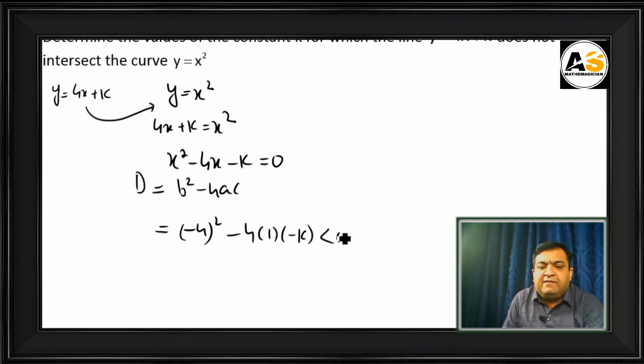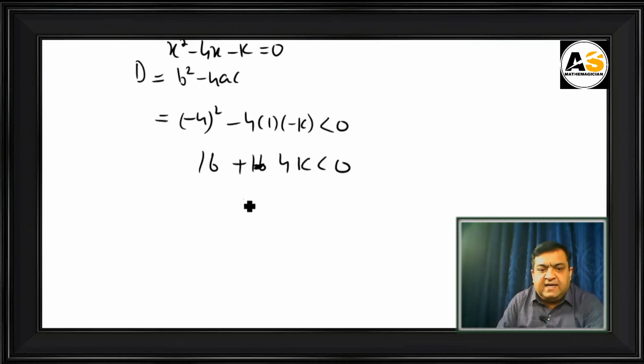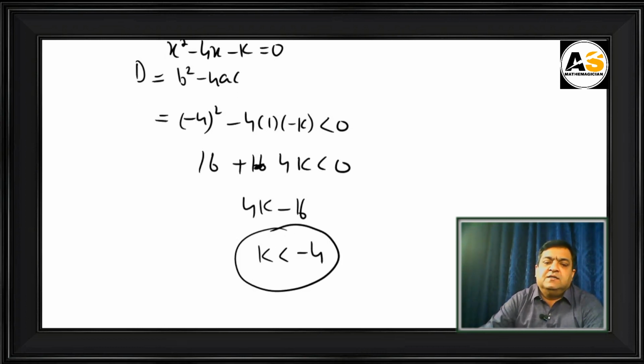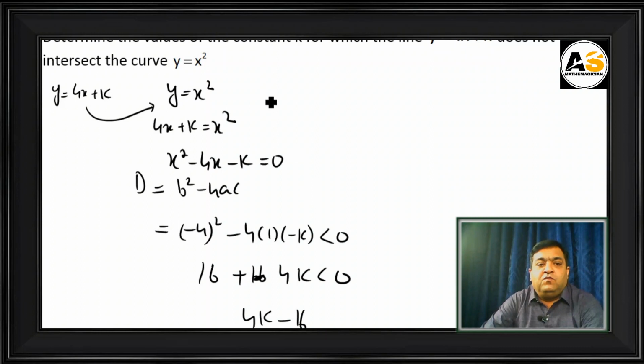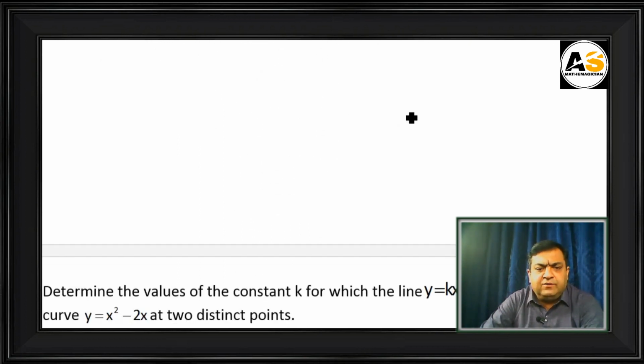This should be negative: 16 plus 4k should be less than 0. 4k is less than minus 16. k is less than minus 4. This is the set of values of k for which this line will not intersect this curve. This was the second question.